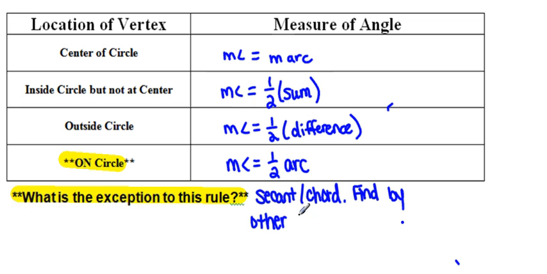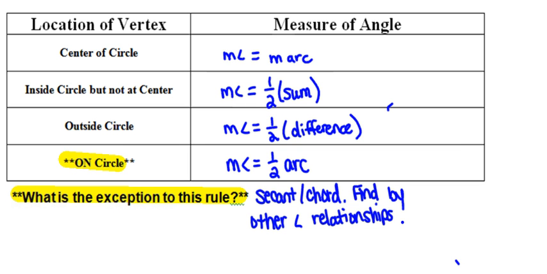And when I say other angle relationships, maybe there are 2 angles that form a linear pair, and so you'll know that they have to have a sum of 180. Maybe there'll be something that's part of an angle in a triangle, in which case you know that they need to sum up to 180. But use some other angle relationship to find the degree measure of that angle formed by the secant and the chord.